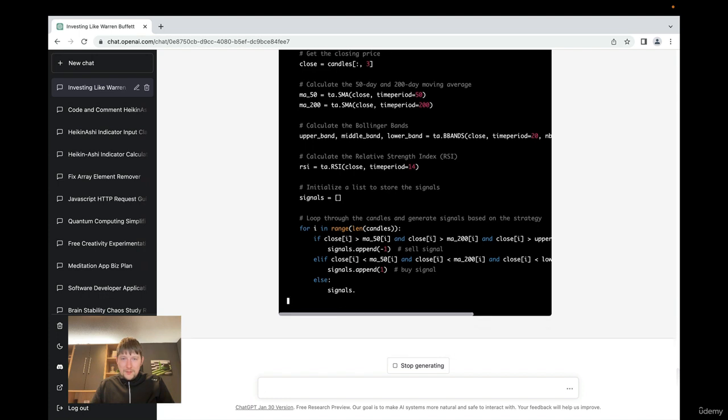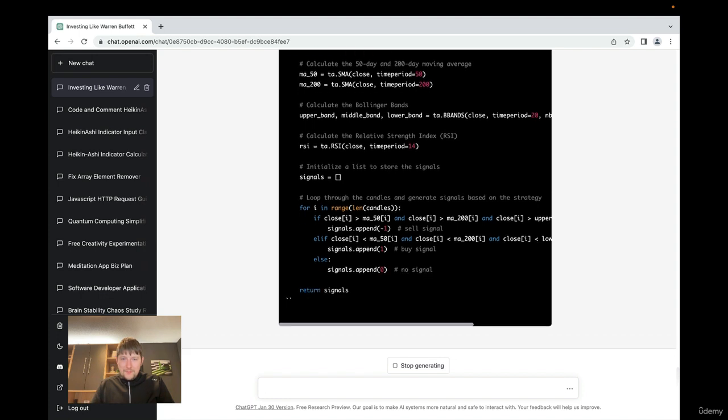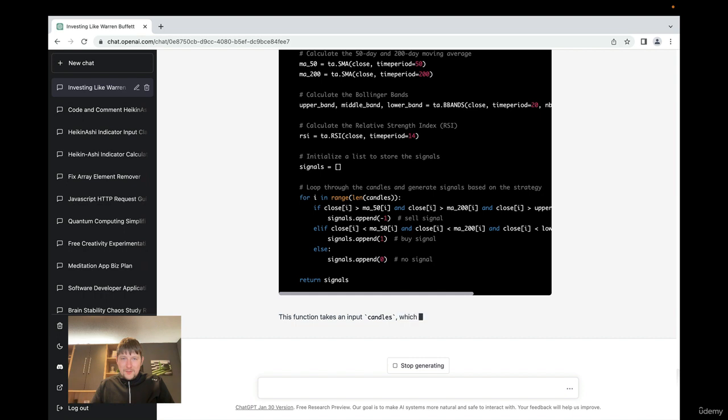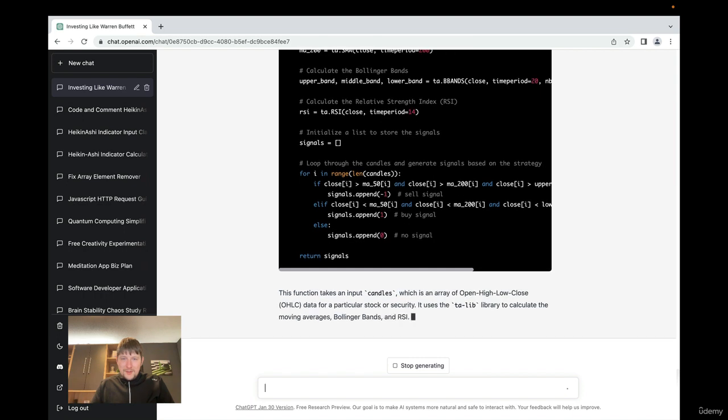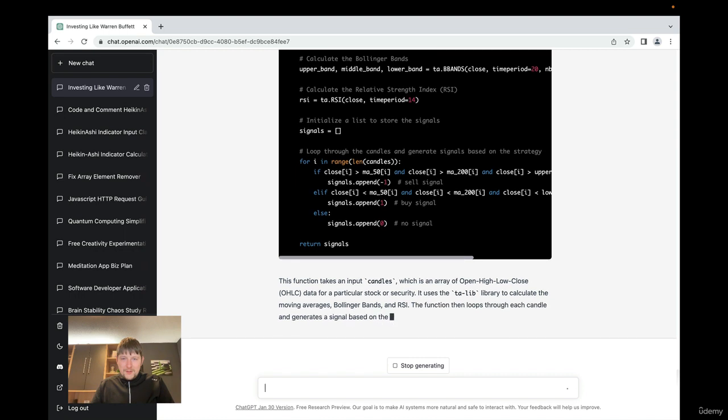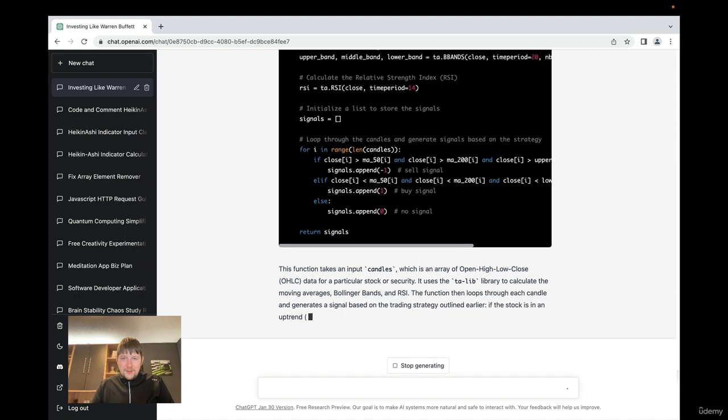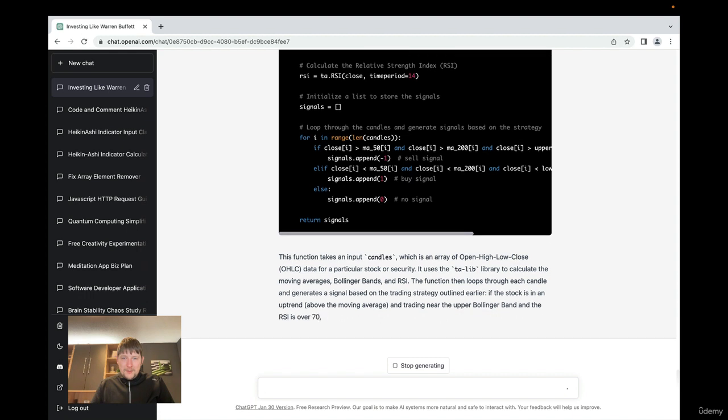Oh, pretty interesting. And it just returns the signals. And as you can see here, it still explains the function. Pretty awesome.